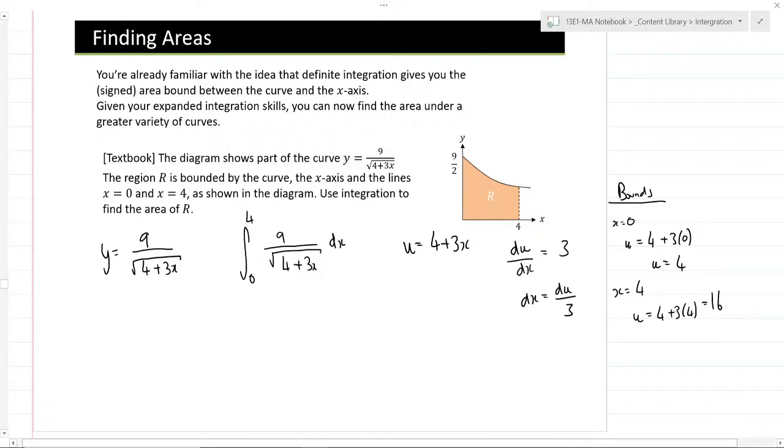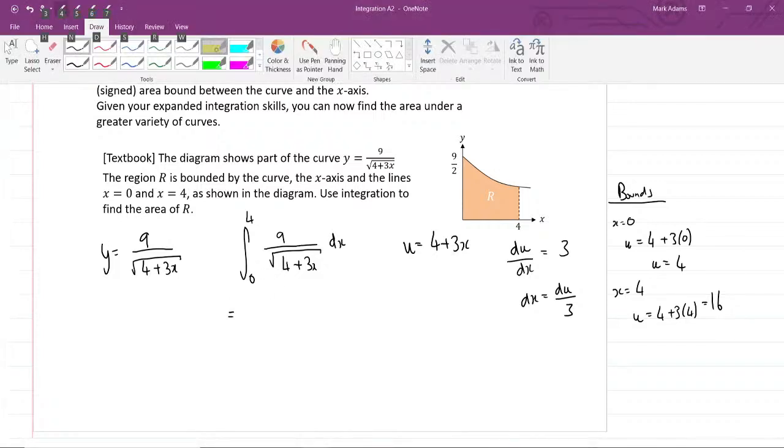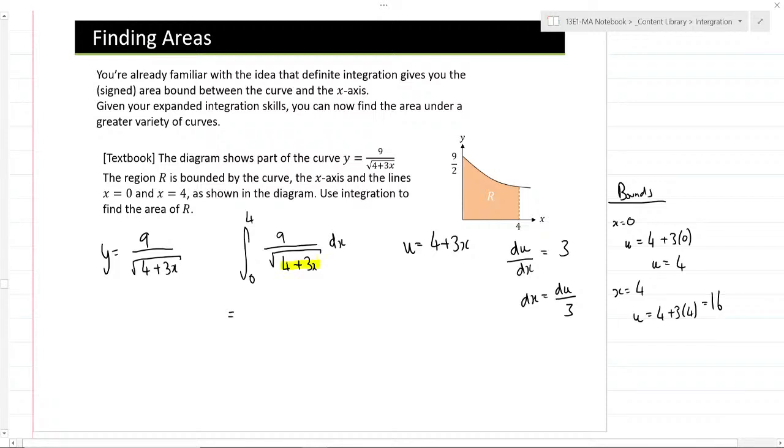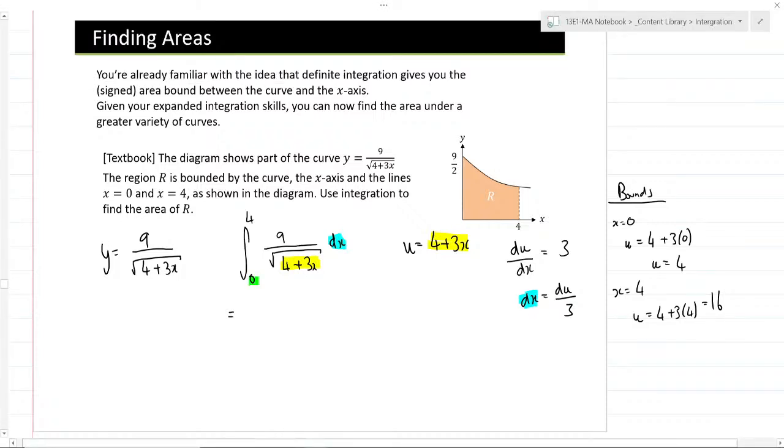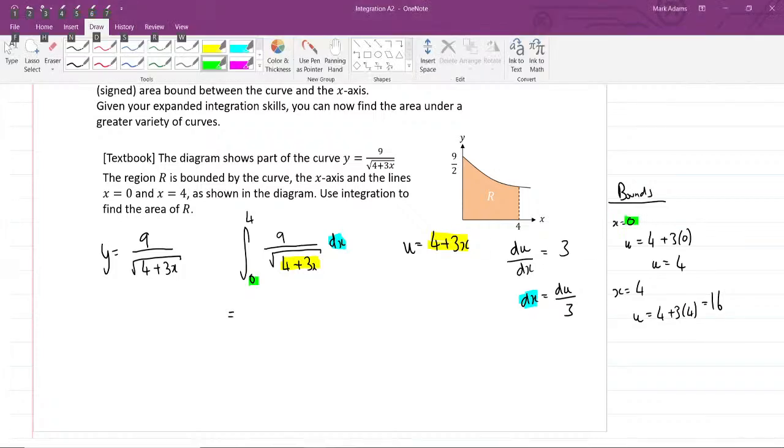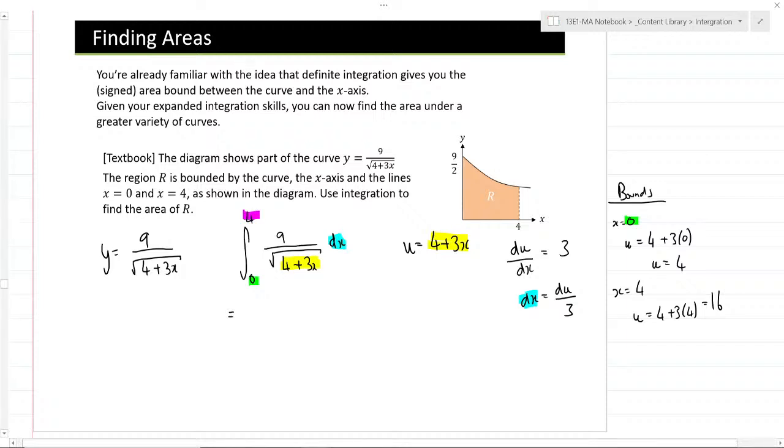Yeah? So now I can start replacing all of this. I'll highlight what I'm going to replace where. So this here is my u, isn't it? That's u. The x here is this part here. And my bounds are 0, which is here, and my other one is 4, which is here.